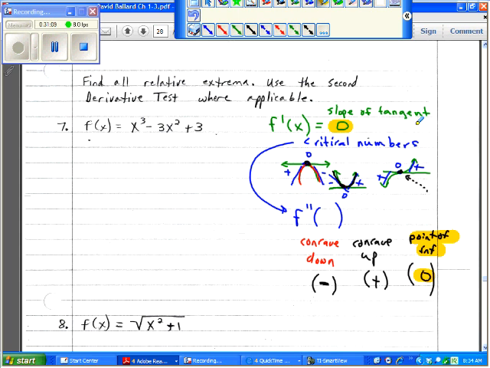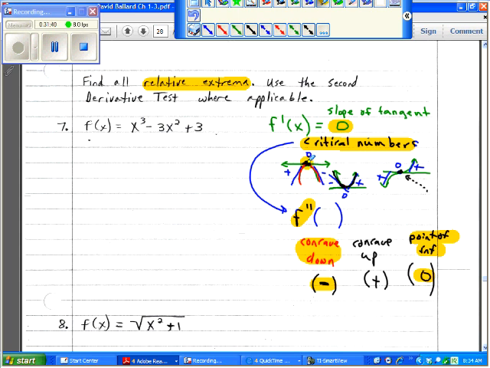So what we can do to determine the relative extrema using the second derivative test is find our critical numbers and plug them into the second derivative. If the critical number gives you a negative value, then we know it's concave down at that point.